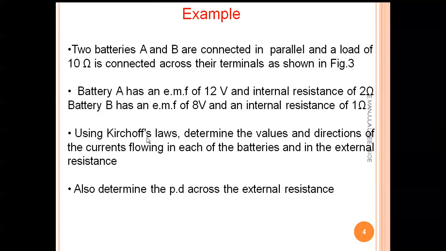Using Kirchhoff laws, determine the values and the directions of the currents flowing in each of the batteries and in the external resistance. Also, determine the potential difference across the external resistance. So this is the problem.